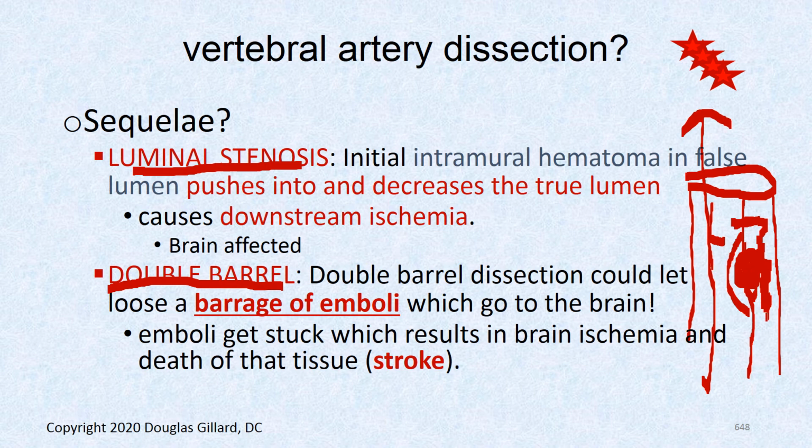But the problem is, if this goes back, rips into the lumen again, I kind of went the wrong way. But you can get all these pieces, these bombs, just like I showed you before. You get all these blood clots flying up into the brain, and they're going to get stuck as the circulation gets smaller, and you're going to have big areas of tissue death and brain death. You can have a stroke from this.